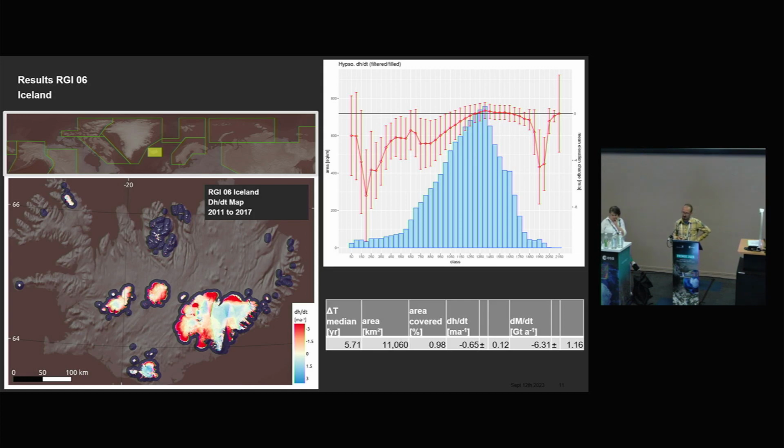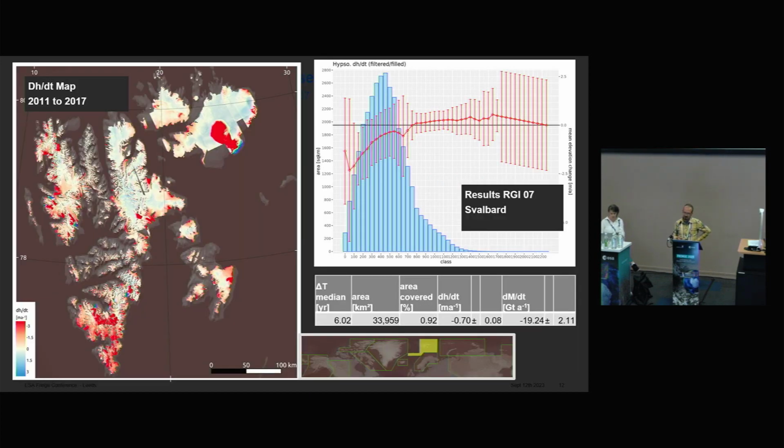They reach up to 5 to 6 meters on the margins, and even on the outlet glaciers, they reach up to minus 10 meters per year. Overall, for Iceland, a little bit of a smaller region, as you see, we get minus 6.3 gigatons of mass loss.